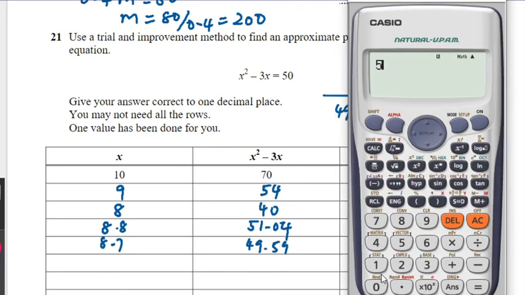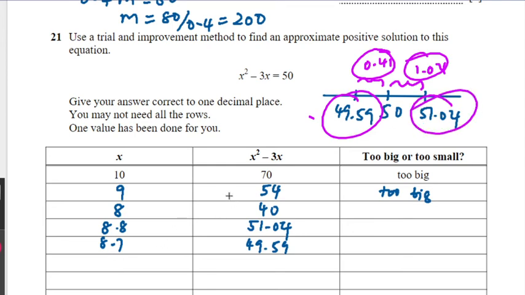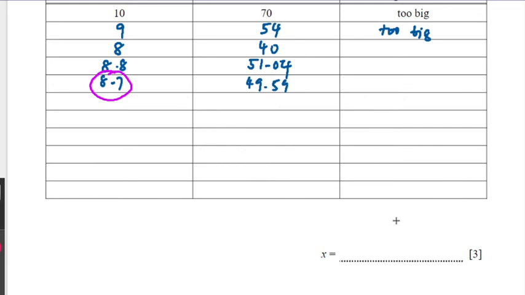We do 50 minus 49.59. So you get 0.41. So this is just 0.41. So which one is closer? 49.59 or 51.04? 49.59, right? Therefore the answer is x equals 8.7. So we write here 8.7.